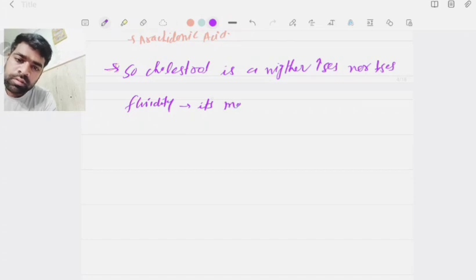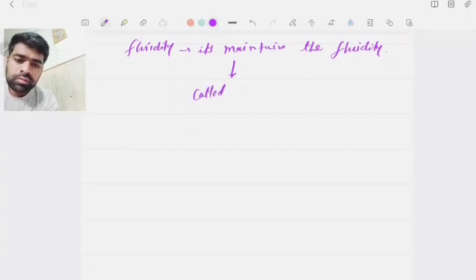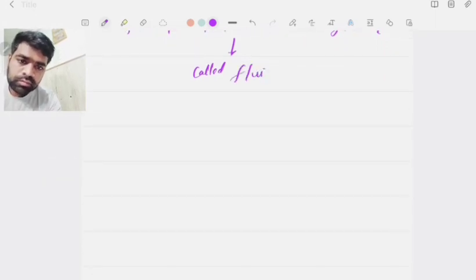It maintains the fluidity, and is called the fluidity buffer.